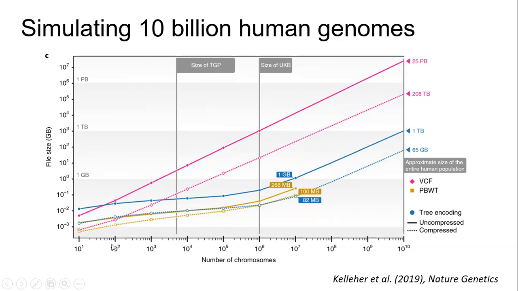And you can see that as we go up in genome size, we end up needing 25 petabytes to store 10 billion human genomes. Whereas if we stored it in a tree sequence, which is the solid blue line, then we would only need a micro SD card to store the genome of every human on the planet. It would fit into a terabyte micro SD.